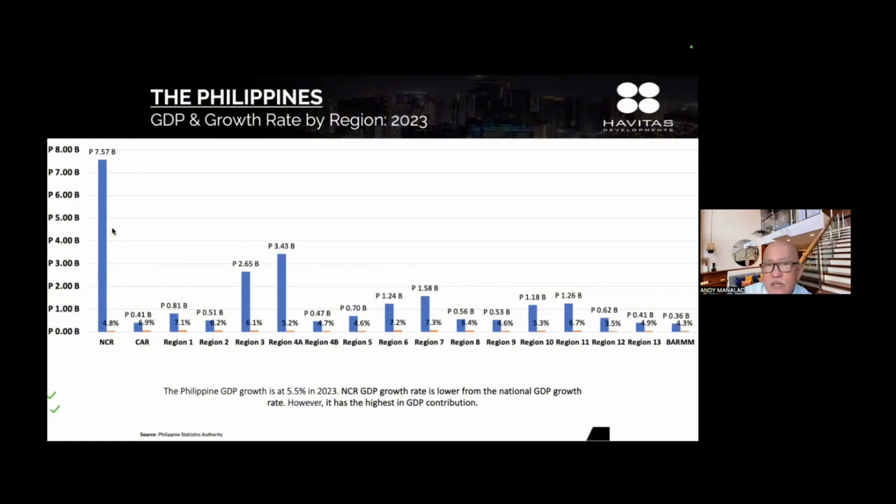And who are the people who are there? Are they productive? Is there money there? Is there a reason for them to go there? So yun yung tinitignan nila. And then if all this shows up in their study, then they move or they take a closer look in those regions.